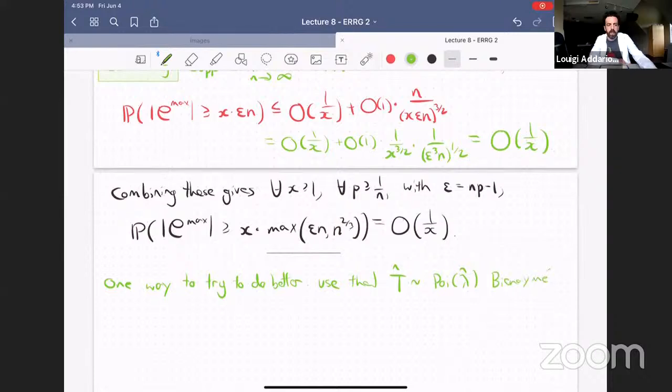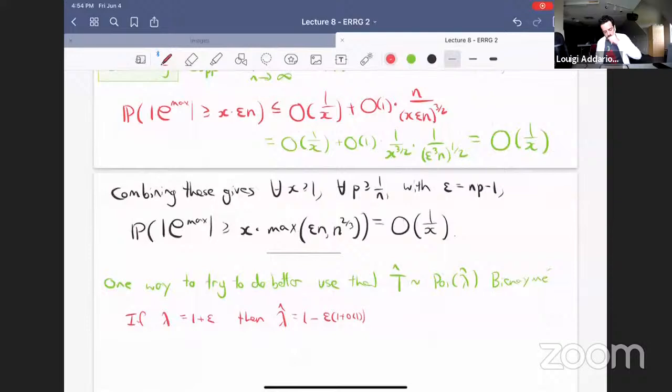And then what you end up with from that is bounds of the form. So the point is that if lambda is 1 plus epsilon, then lambda hat is 1 minus epsilon, 1 plus little o 1.